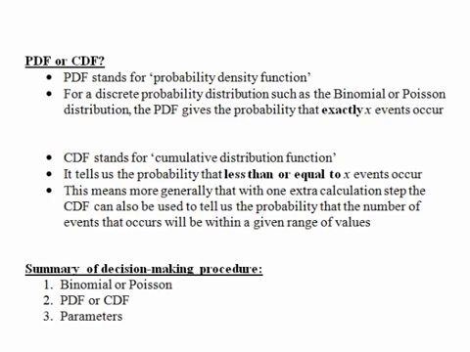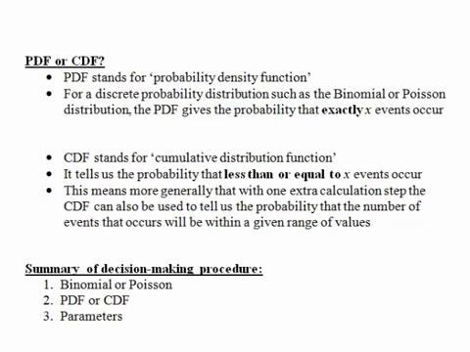Now there's one other thing we need to consider in making sure we use the correct distribution and tables to calculate probabilities, and that is whether we're dealing with a PDF problem or a CDF problem. First, PDF. That stands for probability density function. And for a discrete probability distribution, such as the binomial or Poisson distribution, the PDF gives the probability that exactly X events occur.